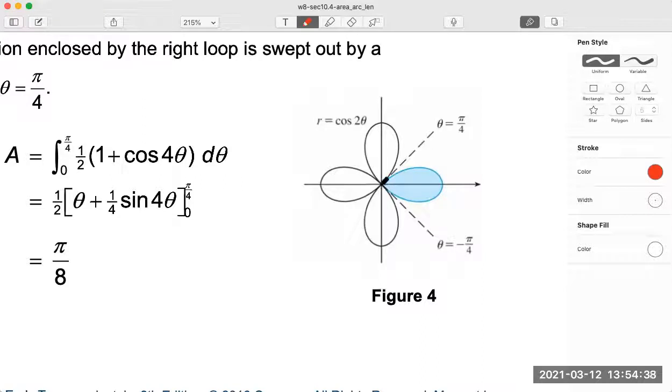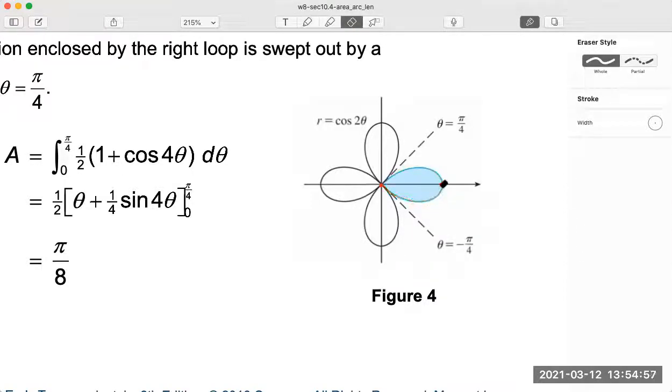At negative pi over 4, it will be exactly right here at the origin. And as the angle theta increases to 0, it will be right here at this point. It continues going to pi over 4, and this is one loop, right? So the question is to find this area.